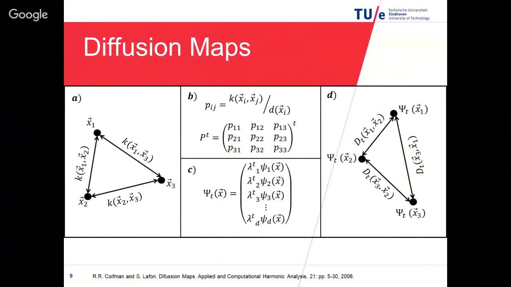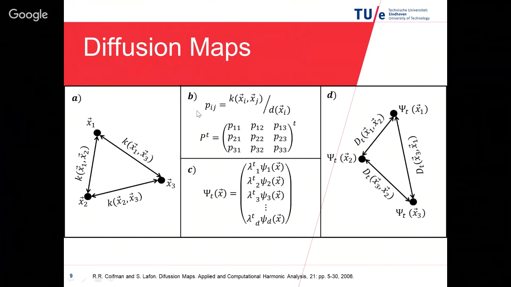The first method is diffusion maps, and it's based on the idea that we can construct a graph over the data points that we have. There are going to be some edges, and these edges will have a weight with a value proportional to how close they are. If two points are close, they are very similar, and this will also be translated into a random walk across this graph.